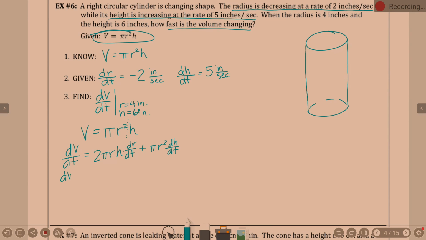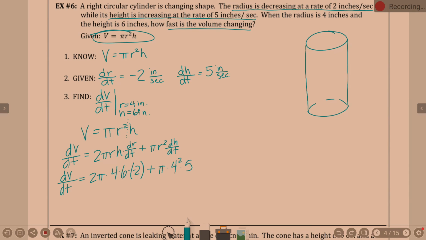Again, this is a nice problem, which is good after that last problem that wasn't so nice. We know everything, guys. 2 pi, r is 4, h is 6, dr/dt, negative 2, plus pi, r squared, 4 squared, times dH/dt, which is 5.